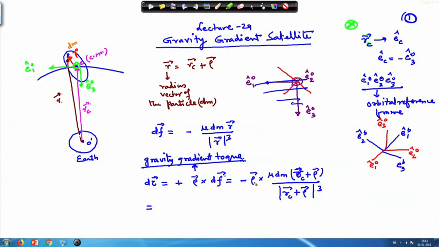If we expand this bracket, the cross product rho cross rho will be 0, and this gets reduced to mu d m, rho cross r c divided by the magnitude of r c plus rho whole cube.